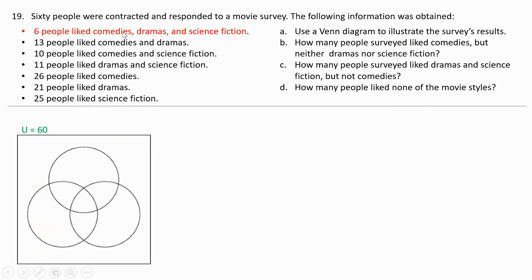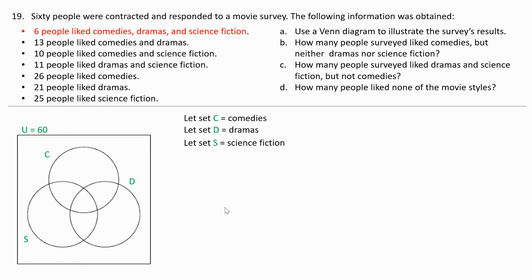I'm going to let C equal comedy, so this will be the C set. We have drama, so let D equal dramas, and science fiction, let S be the science fiction, that'll be my S. Now, how do we construct a Venn diagram?